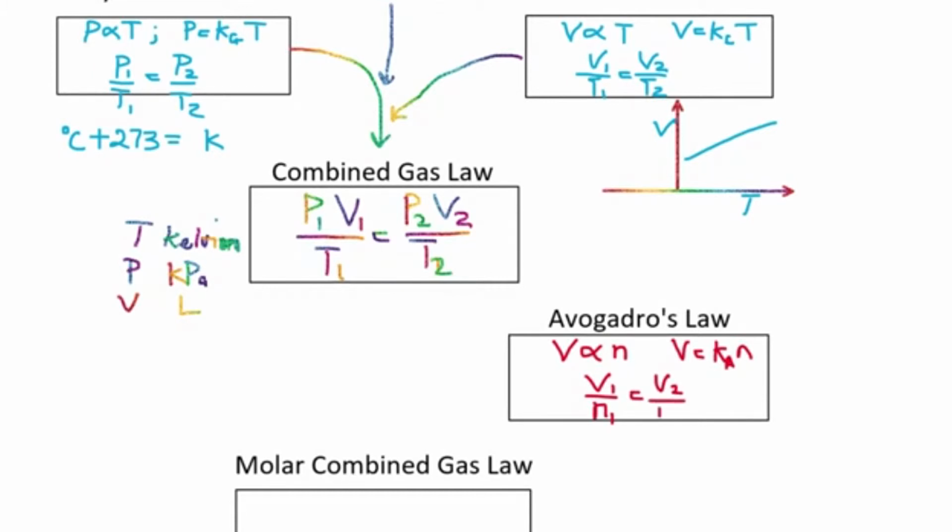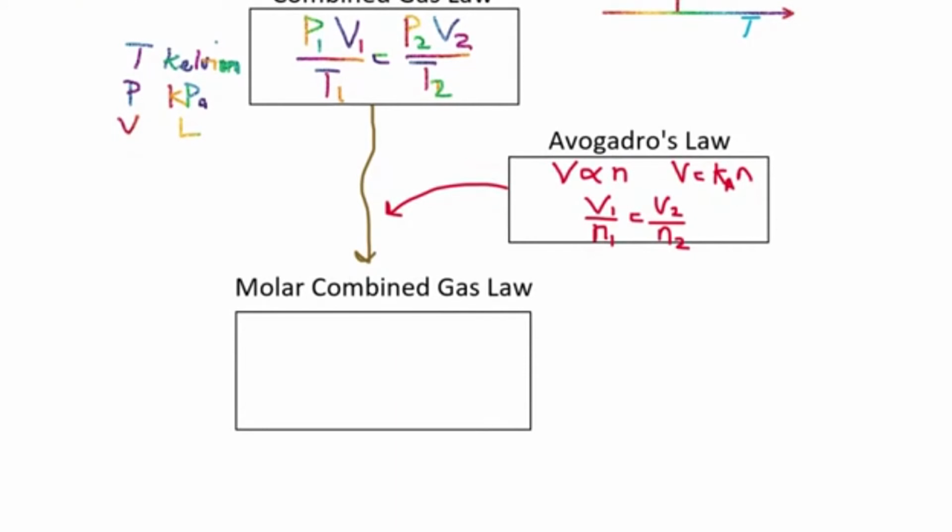and as a result, once you're able to generate that and incorporate it into our combined gas law, we actually generate our molar combined gas law, where we incorporate our n as a new variable into the P1 V1 over T1.